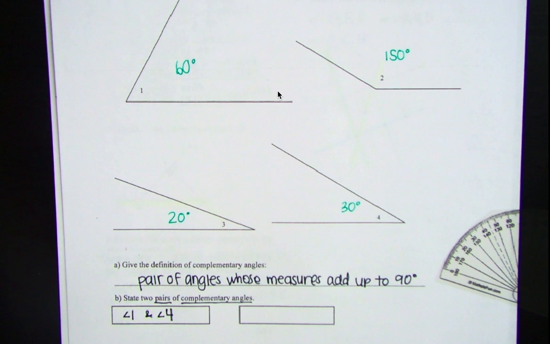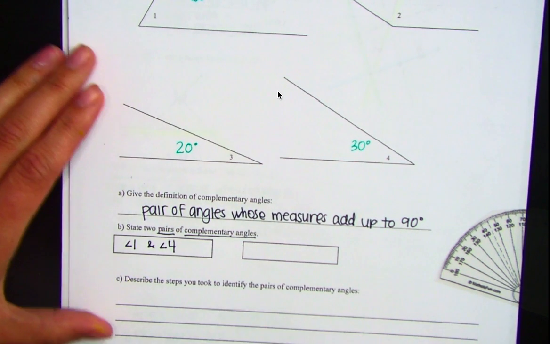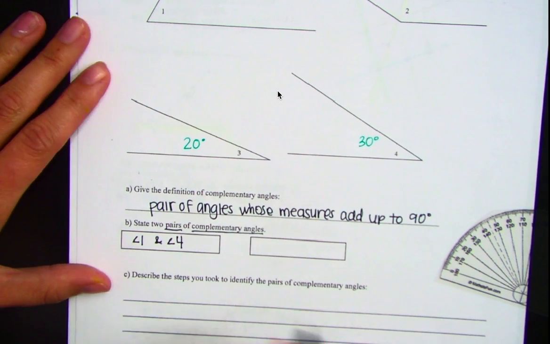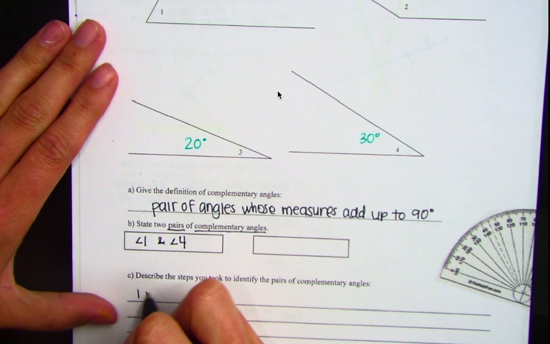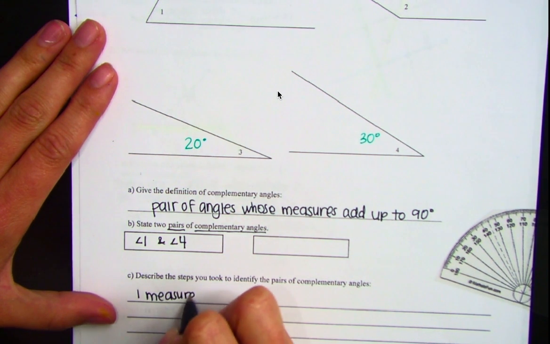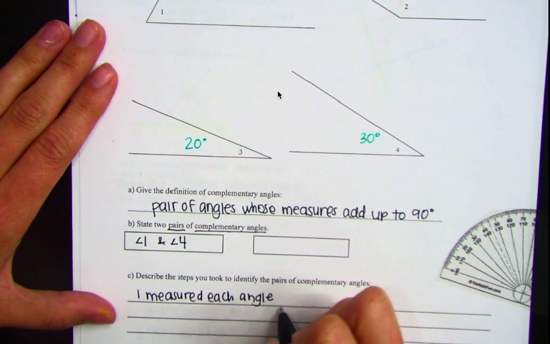So to describe the steps we took to identify the complementary angles, is that we measured each angle. So I'm going to say I measured each angle with a protractor.